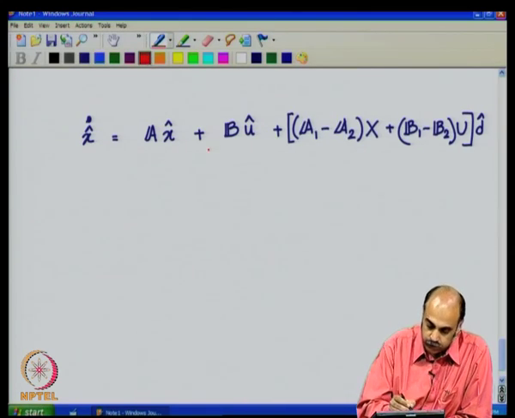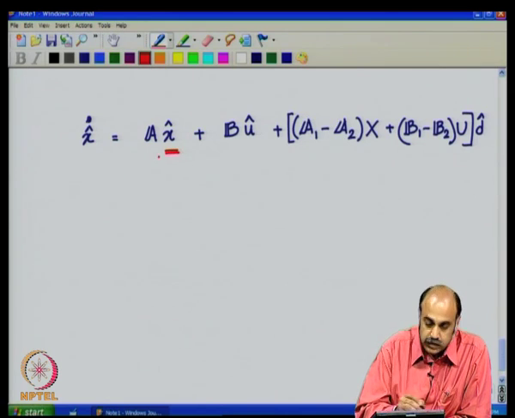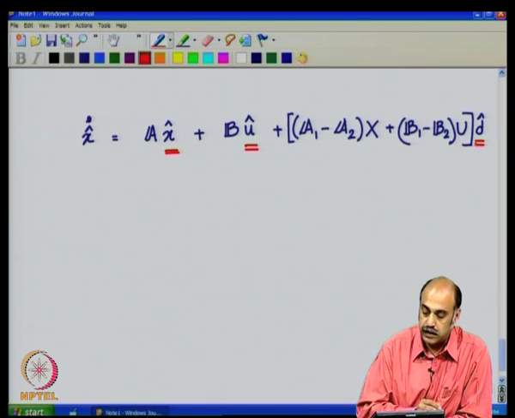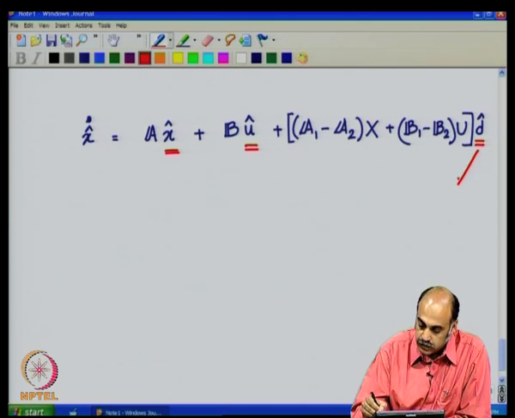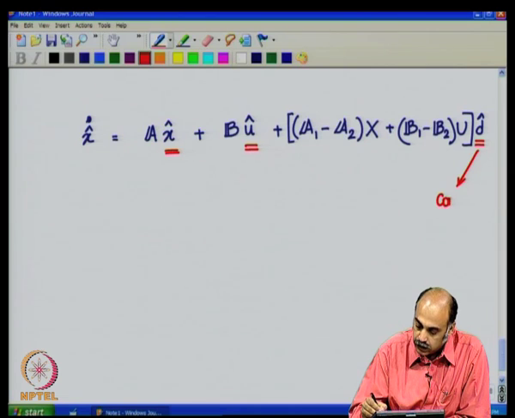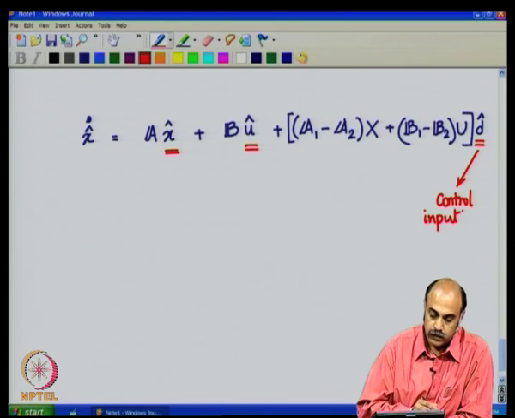So, observe that you have small signal state, small signal input, and the small signal duty cycle. This forms the control input in most cases of our DC-DC converter.